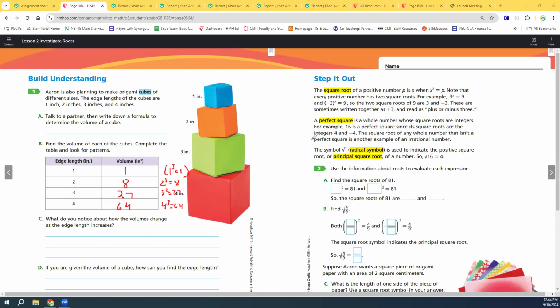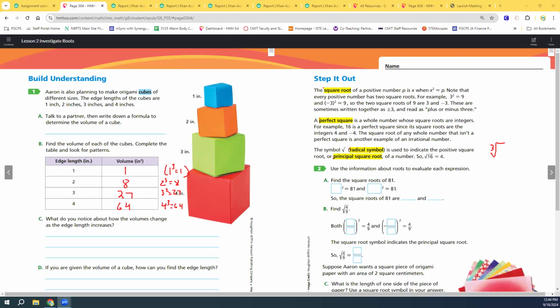Right now in this Edpuzzle video, you're going to need to have all these terms in your notes. Square root of a positive number. We have perfect squares. We have the radical symbol, and of course, on the next page, we'll see the cube root, right?